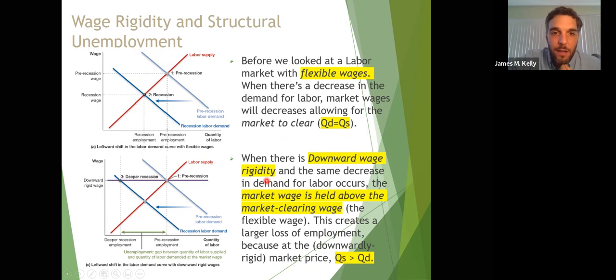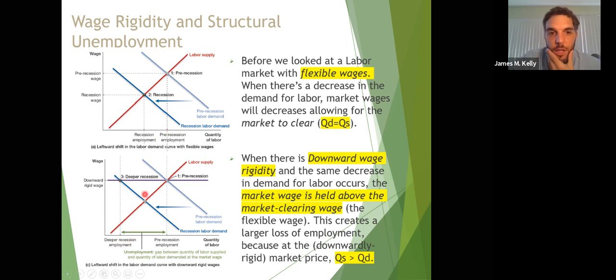When there is downward wage rigidity, when there's a decrease in demand for labor, the wage cannot decrease. It leads to more people being unemployed, because the downward rigid wage intersects the new labor demand curve at a quantity that's less than the intersection of supply and demand when wages are able to be flexible.